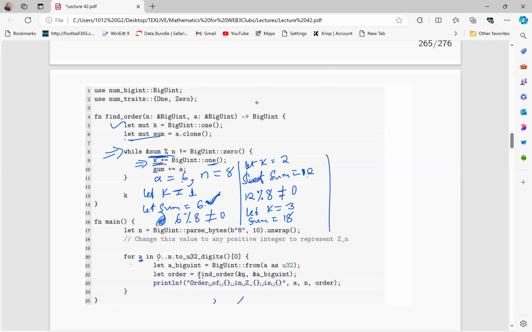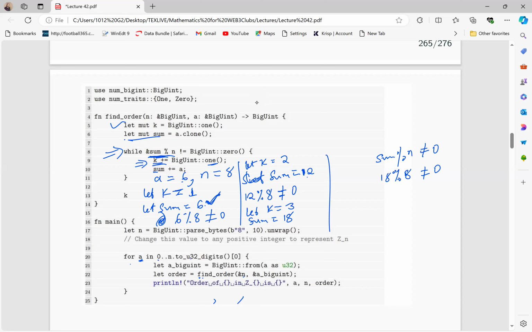The condition is that the sum on division by N should not be equal to 0. If it's not equal to 0, we proceed, but if it's equal to 0, we stop. So 18 on division by N, the remainder is not equal to 0, because the remainder will be 2.